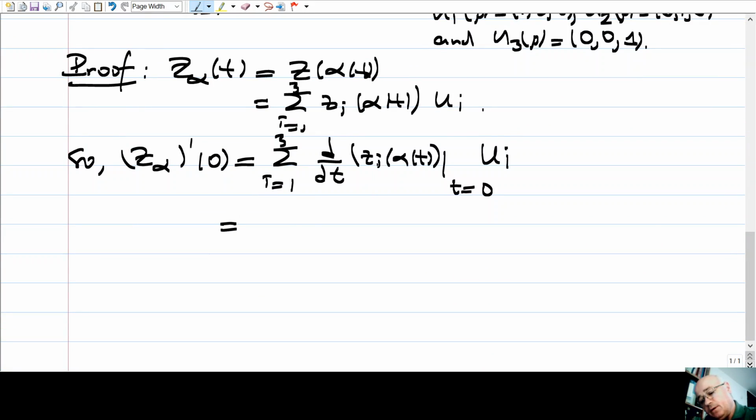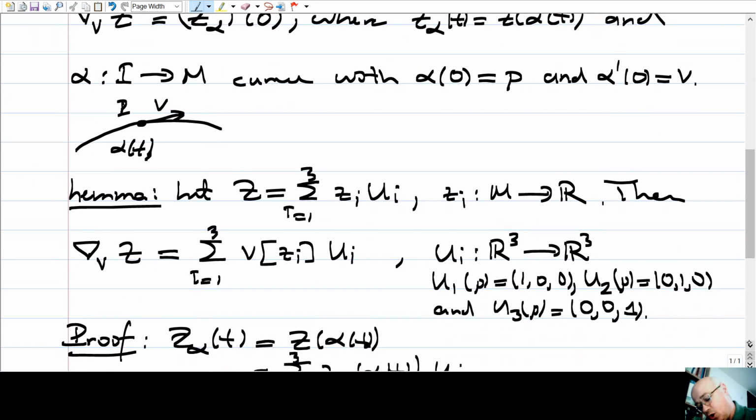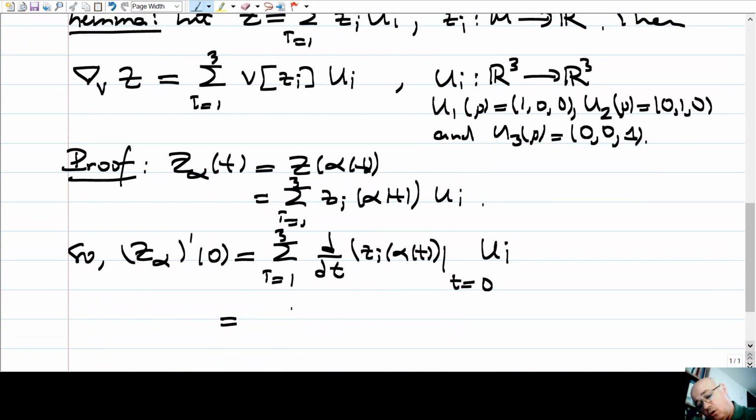This derivative of zi of alpha t, where alpha t is this curve. This is nothing but, if you recall, just the directional derivative of zi along the vector v, and actually this is just v of zi. We write it just this way, and then ui, and this finishes the proof. All right.